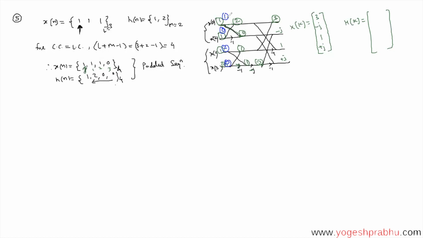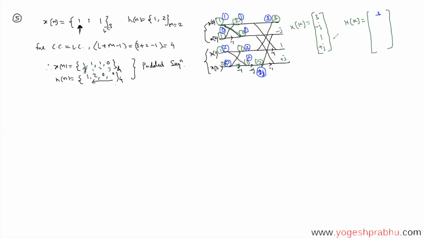Then this is 1 and 0 is just 1. 1 and negative 0 is just 1 again. 2 and 0 is 2. 2 and negative 0, 2 minus 0 is 2. Then 2 times minus j is negative 2j. And then this is 1 and 2. This is 3. I got the first value, 3.